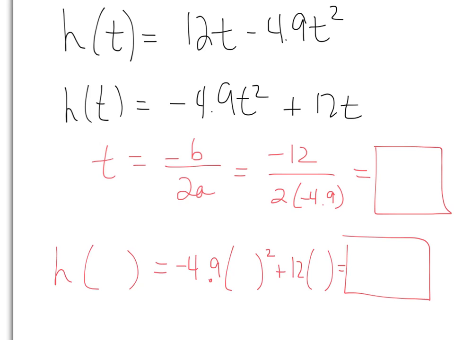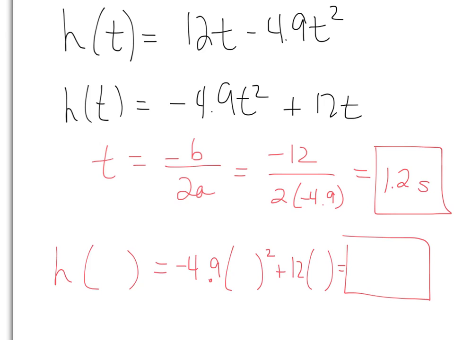Yeah. 2 times 4.9 is going to be 9.8. So it should be negative 12 over negative 9.8. Oh yeah, I think it's like this now, sorry. That's all right. What do you get as an answer though? Is your calculator on fraction mode or something? Is that why you're giving me a fractional answer? It's all right. What do you get as a decimal answer? 1.224. Yeah. All right, so around 1.2 seconds.